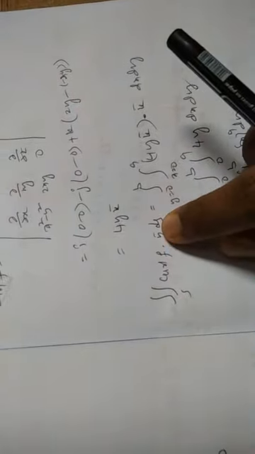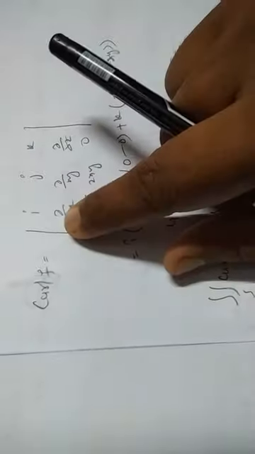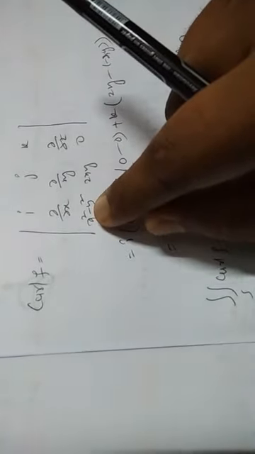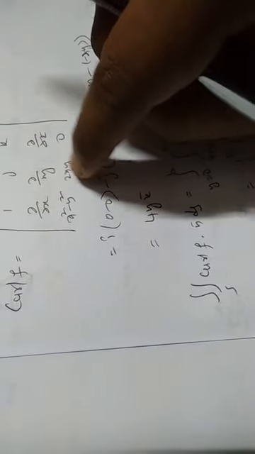Now let's look at the RHS. The RHS is the double integral over S of curl f · n dS. Before finding this integration we need curl f. Curl f equals the determinant with i, j, k, ∂/∂x, ∂/∂y, ∂/∂z, and the components x² − y², 2xy, 0. Now the i component: ∂/∂y of 0 is 0, minus ∂/∂z of 2xy. There is no z, so the derivative is 0.